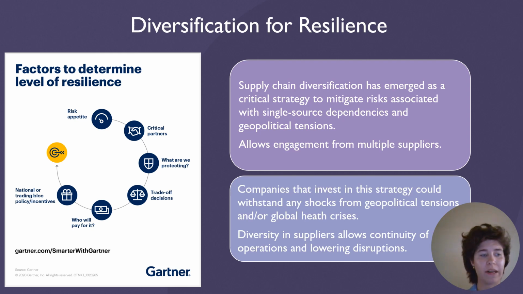That's kind of what happened to Toyota, the car brand, with their operations in Japan. They had an earthquake in 2011, I believe, and it really destroyed the operation in that region. By diversifying their suppliers, having them in different regions, it is a lot easier to not have their operations come to a full stop.